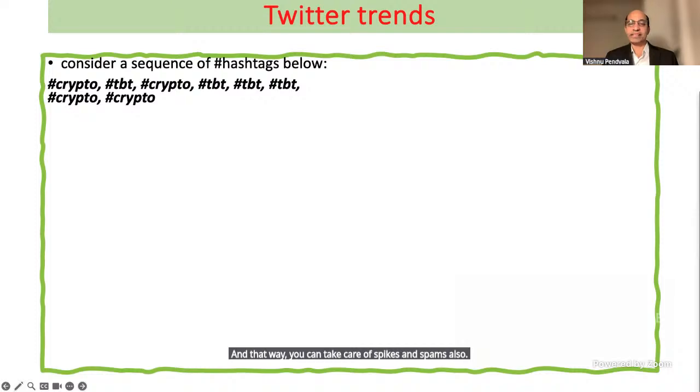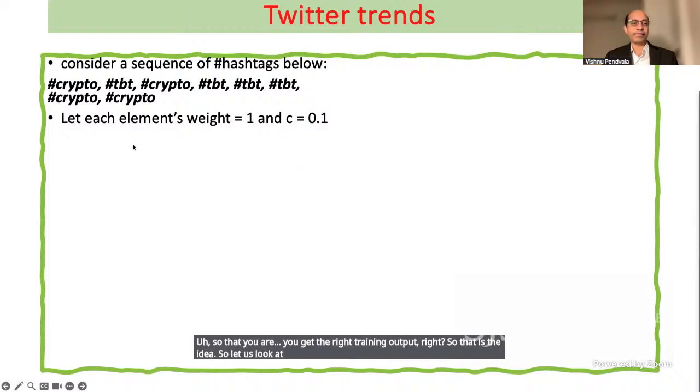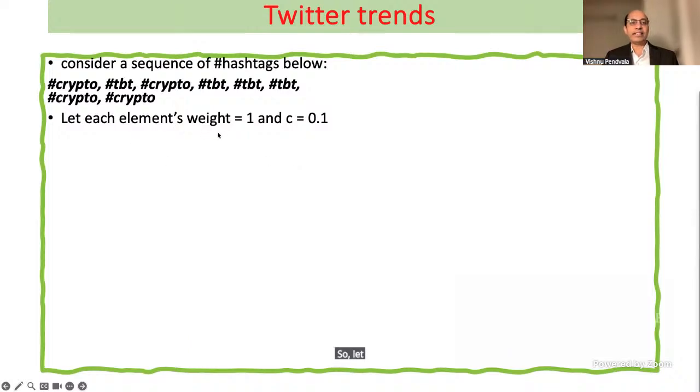Fads, spikes, and spams. New element is given more weight by this mechanism so that you get the right training output, right? So that is the idea. Let us look at the algorithm itself. Let each element's weight be 1, and C is typically 10 power minus 6.